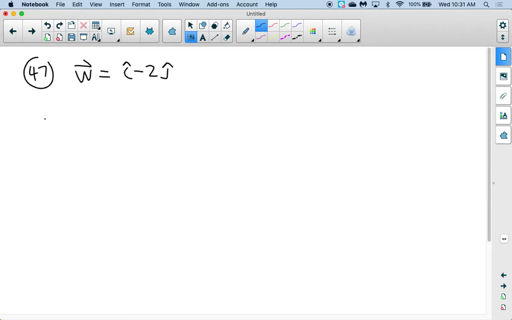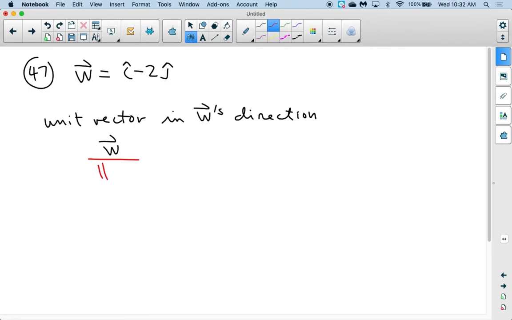Well, again, the unit vector in W's direction would be W divided by its magnitude. Now notice this time, the reason I'm doing this one is because it's in standard unit vector form.